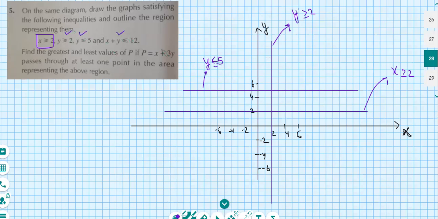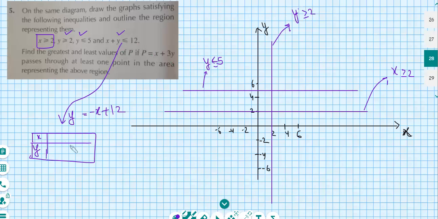The fourth one is x plus y less than or equal to 12. So to plot this inequality, we have to make a table. So this will become y equal to -x plus 12. I have subtracted x from both sides. So the table will have an x row and a y row.